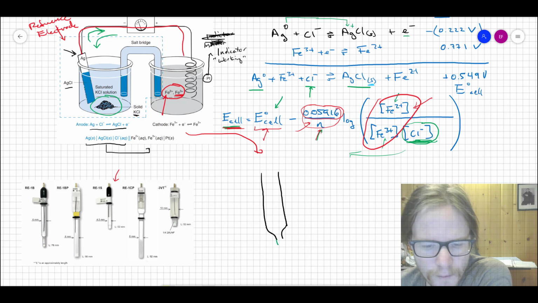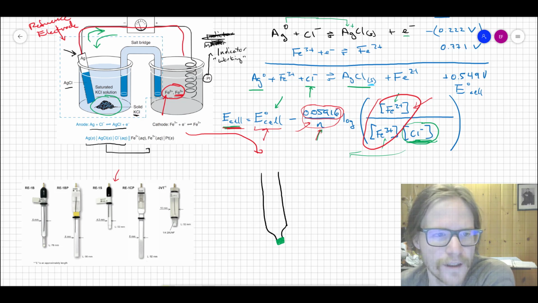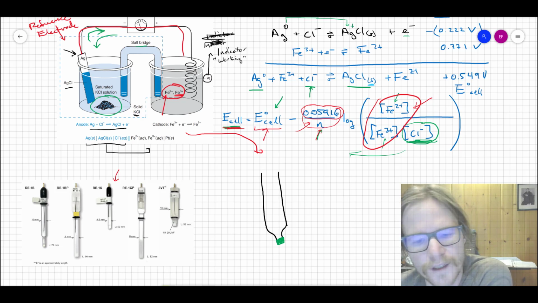We take this little porous piece of glass, which I'm making green here, and that porous piece of glass is our surrogate or our proxy for the salt bridge. Because what it does is it allows diffusion through there of ions, but it limits water, so water doesn't flow. But it allows us to complete this circuit.